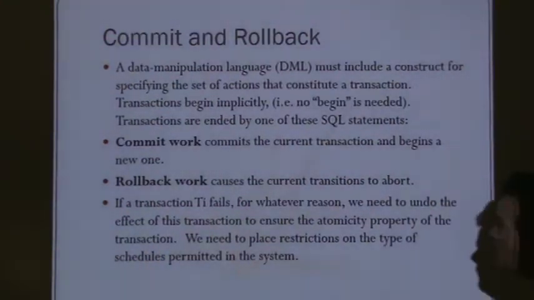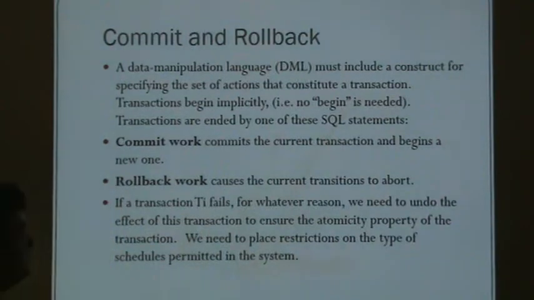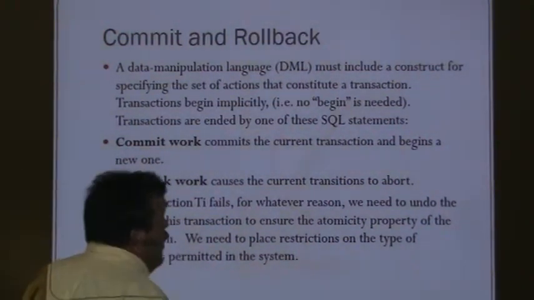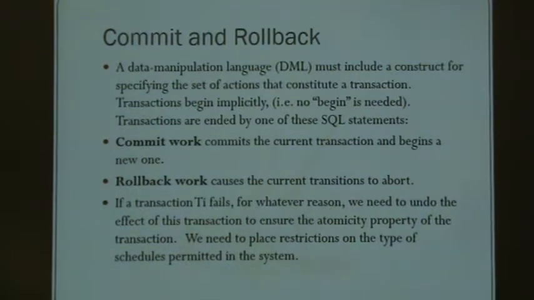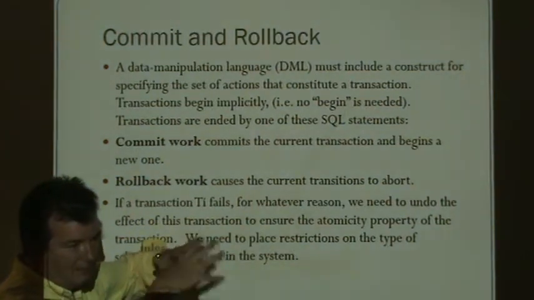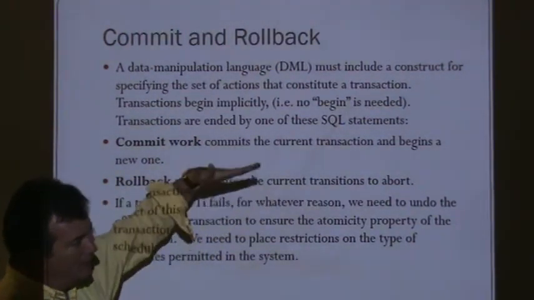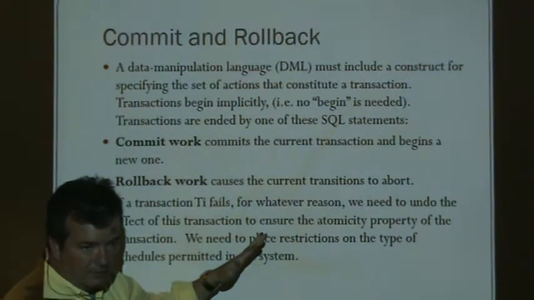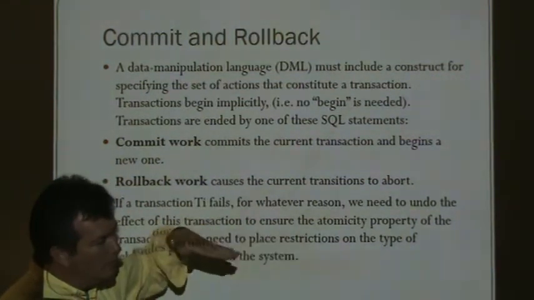Okay. So the commit and rollback. Our data manipulation language, our SQL, must include constructs for these types of transactions. So we could have a commit work, which commits the current transaction and begins a new one. In other words, if our transaction hits a point where we're reading some fields, making some computations, writing fields back, and we get to a point where we say we are done, we believe everything we've done is consistent, we put in a commit.